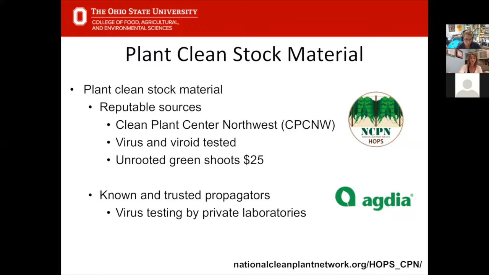Network. And in this network, there are 35 varieties that are designated as clean plant stock material. And the process for them to go through from start to finish to have what they consider a clean plant, or virus and viroid tested and free of virus and viroid, takes anywhere from 12 to 18 months depending on the cultivar.